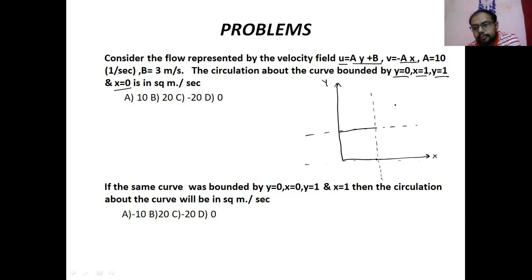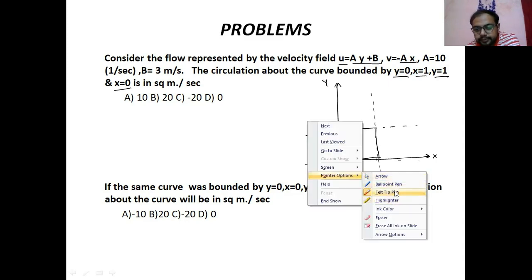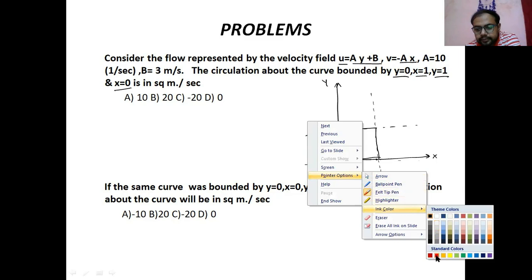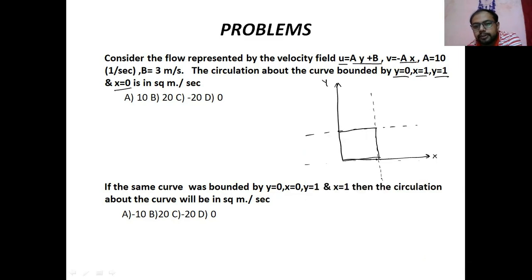So this is the curve I am choosing, and the area is bounded by it.